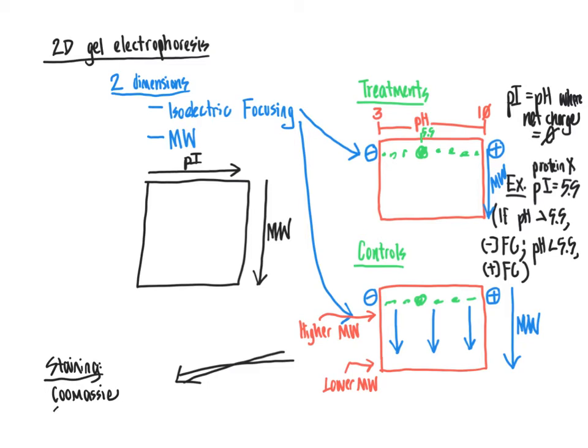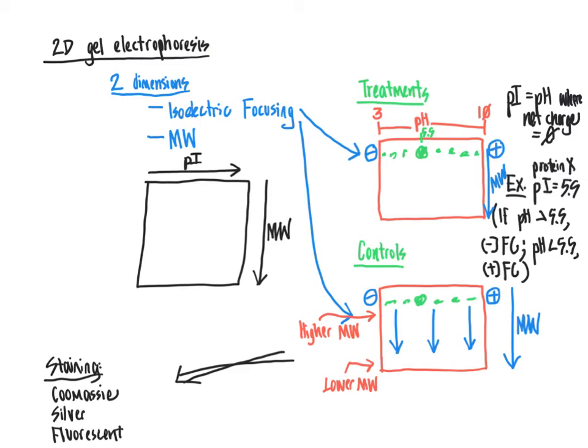Other typical stains include silver, which is commonly used. There are also fluorescent stains that can be used to detect proteins, and things like autoradiography as well, depending upon exactly what proteins you are looking at in your treatment versus your control.